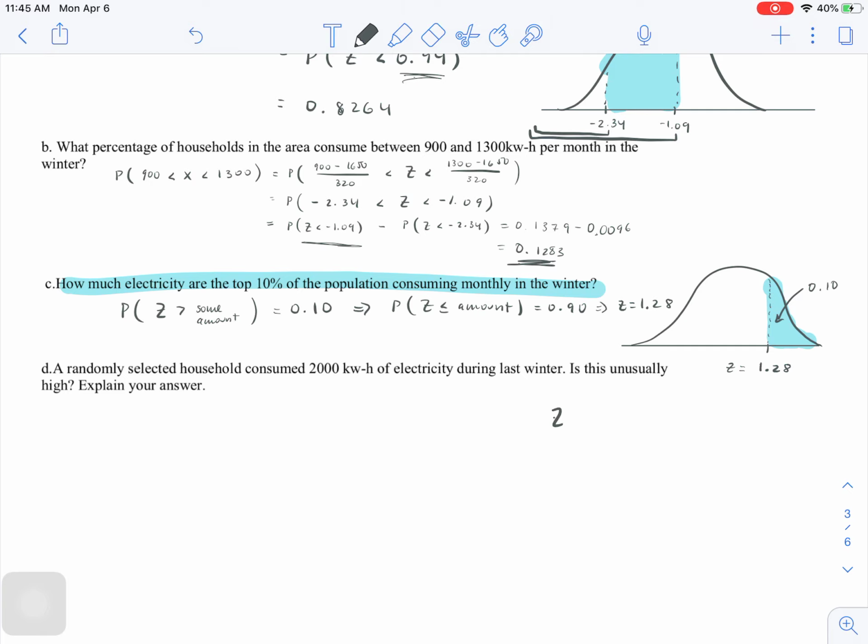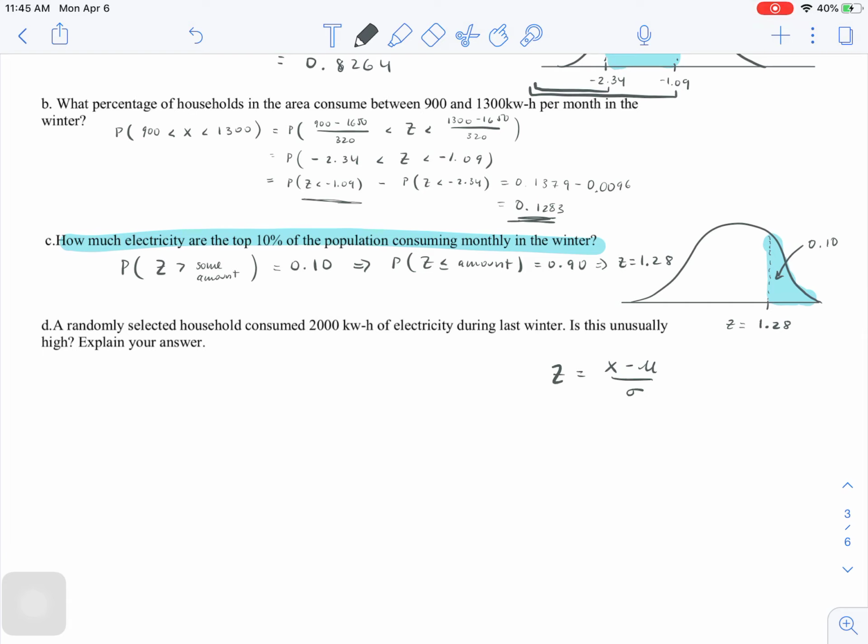Now remember, this is our conversion formula. To make it easier to convert back to x, I can just rearrange it. I'm going to multiply both sides by sigma and add mu to both sides, and I get that x is equal to the standard deviation times z plus our mean.